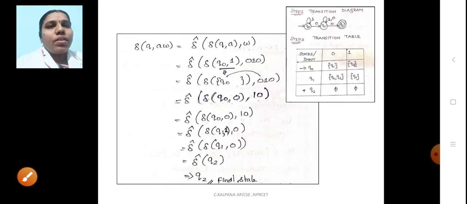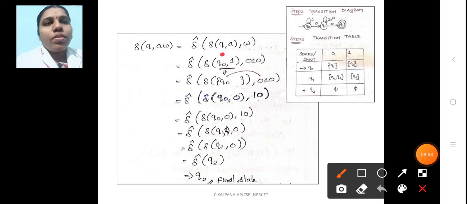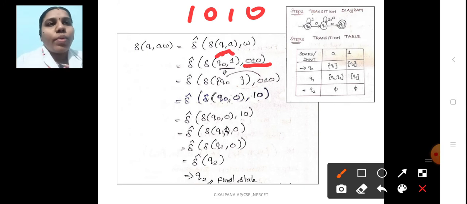Okay, let me see the example δ(q, aw). I am going to write 1010 because the input is 1010. First we find Q0 on 1. Q0 on 1 goes to the same state Q0. So I write Q0 here and write the remaining input.